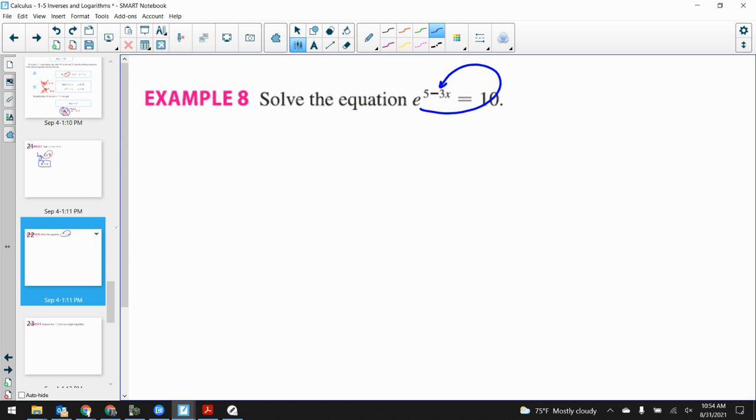Log base e of 10 is 5 minus 3x. Everybody follow me there? You're going to get used to changing from logarithmic form into exponential form. Log base e of 10 is equal to 5 minus 3x. Well, that's just ln of 10.